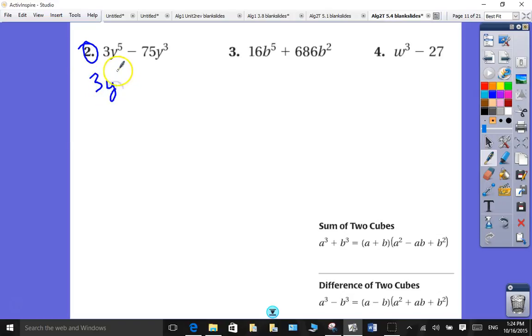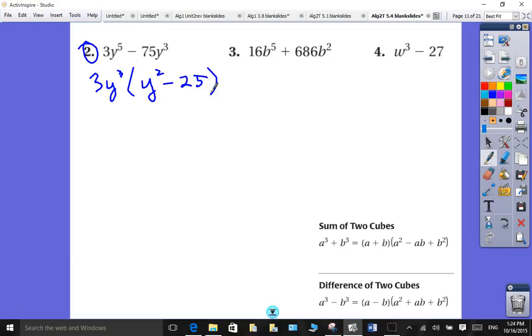Watch. 3y to the third. What's left when I factor out 3y to the third from 3y to the fifth? Y squared. What's left when I factor out the 3y to the third from negative 75y to the third? Minus 25. So this is not leading to a sum or difference of cubes.